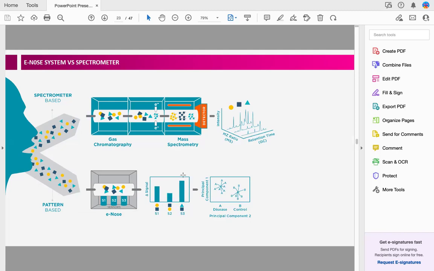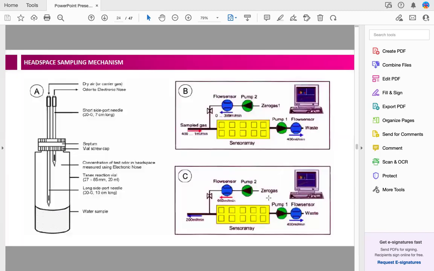And then those signals have to be analyzed by using pattern recognition, all those kinds of PCA. There's a lot of software that you can use to do data analysis before the conclusion can be drawn to check what kind of volatile compound you have.